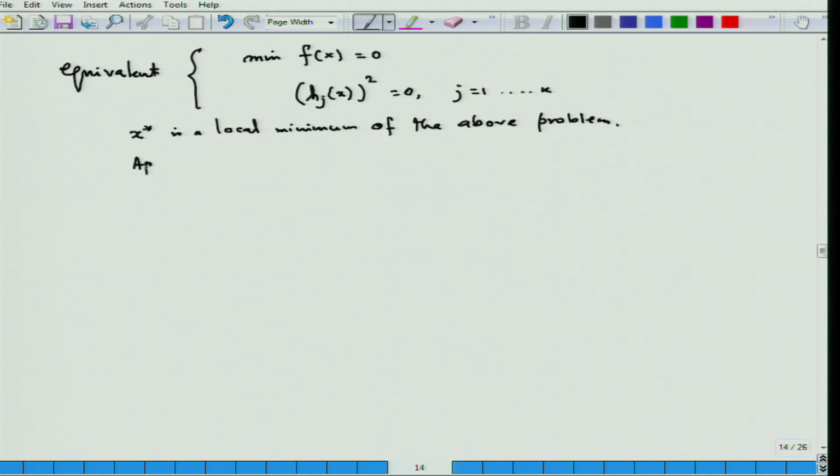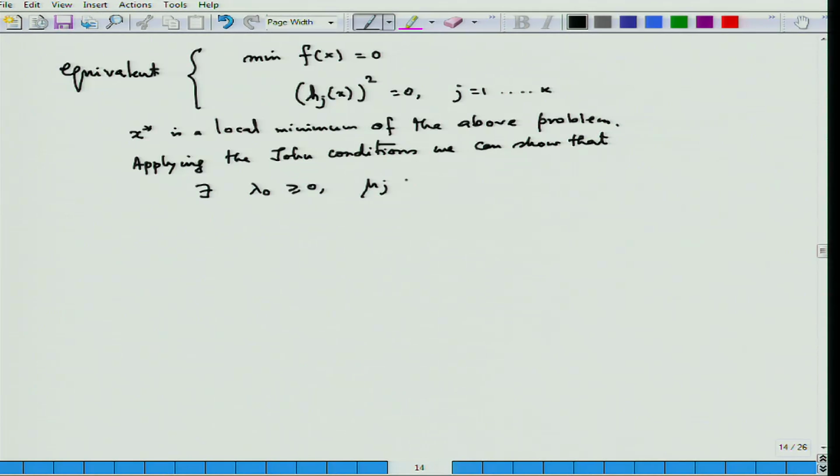So, applying the John conditions again, what we have is the following: there exists lambda naught greater than 0 and mu j, element of R, such that lambda naught.